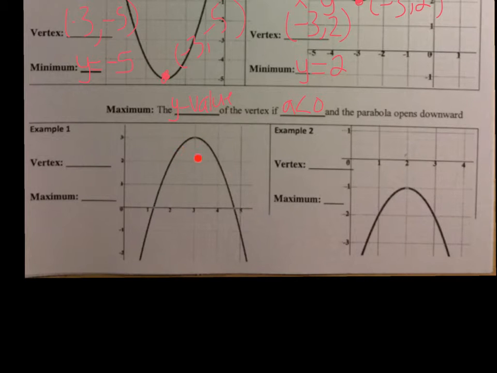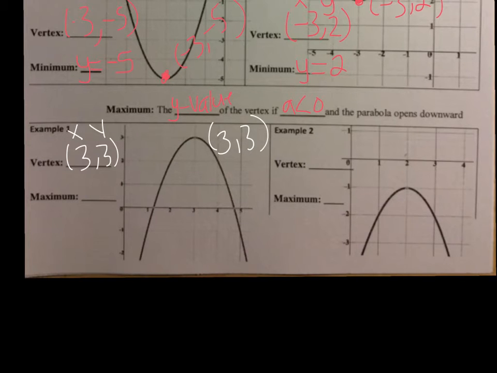So the vertex for this parabola will be 3, 3. And then just a reminder, your first value is your x, your second value is your y.